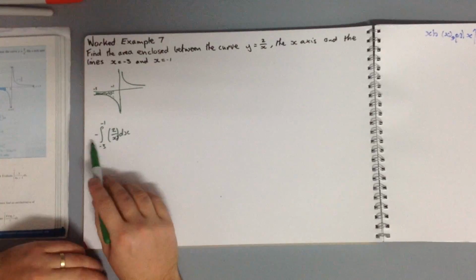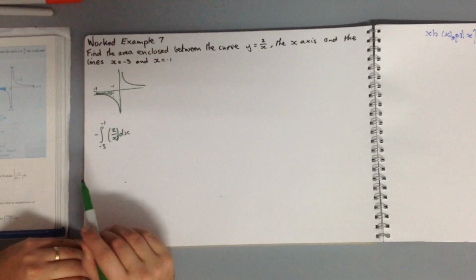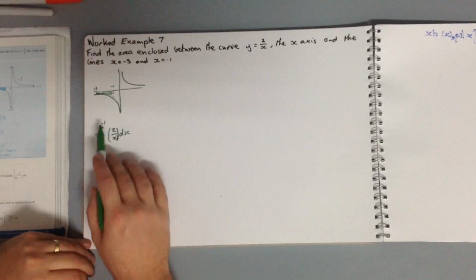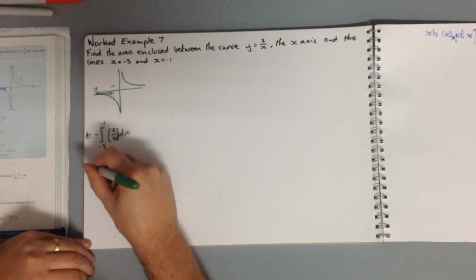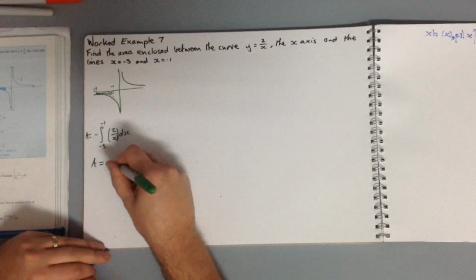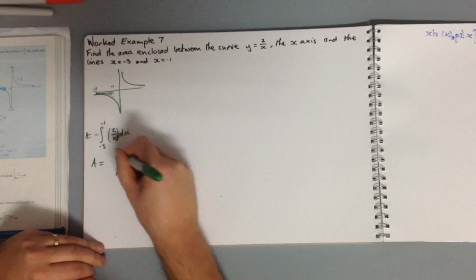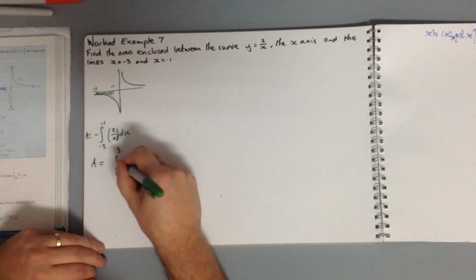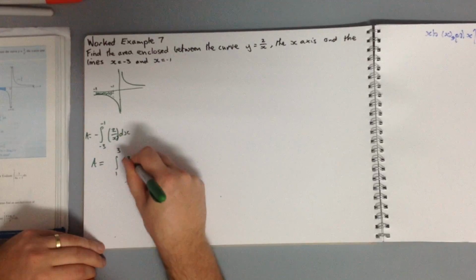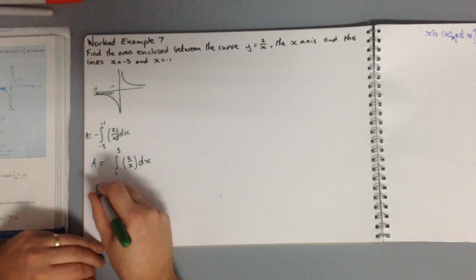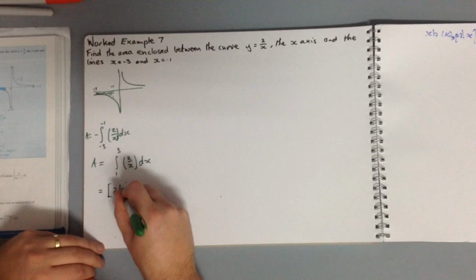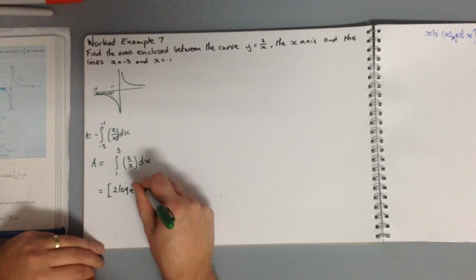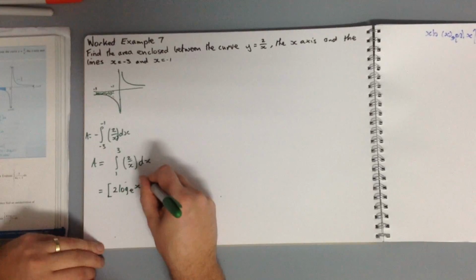When we do the negative part, we can switch our terminals around, so our area is equal to the integral from 1 to 3 of 2 on x dx, which is simply going to be 2 log to the base e of x, from 1 to 3.